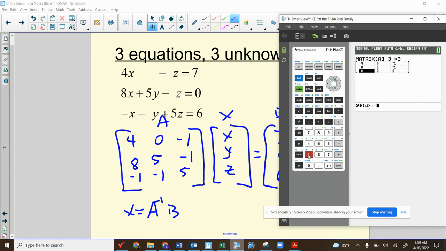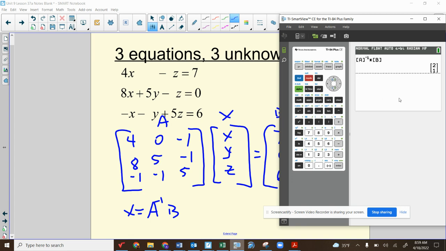And again, like I talked about in the last lesson, the big thing is don't type in any wrong numbers. You type in one wrong number, the whole thing's going to be wrong. Make sure the negatives are all there, so that looks good. Second matrix B. Okay, those are all good.